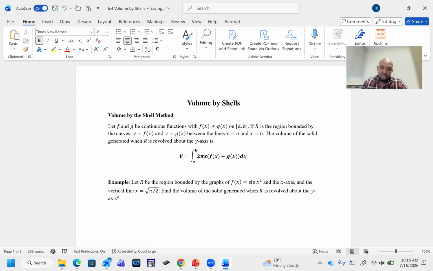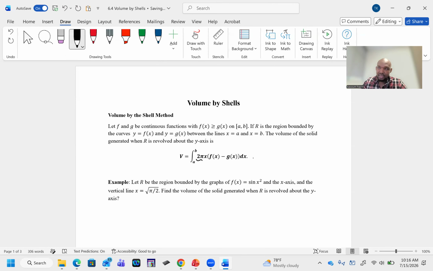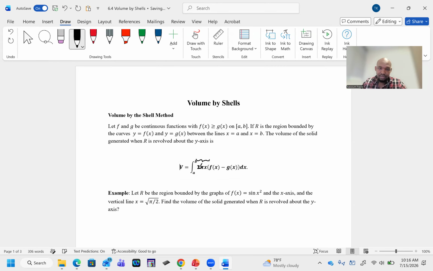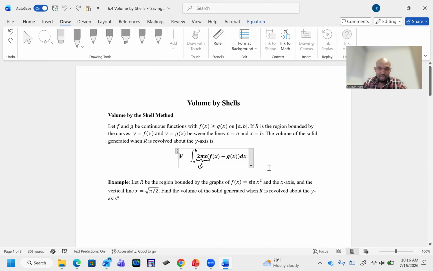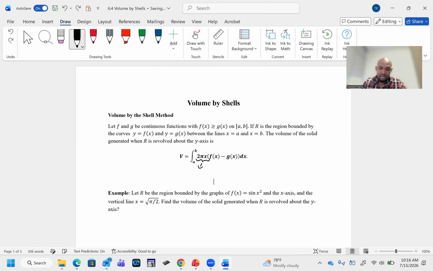You need to know the 2 pi x is nothing else but the shell circumference. Okay, that is the shell.